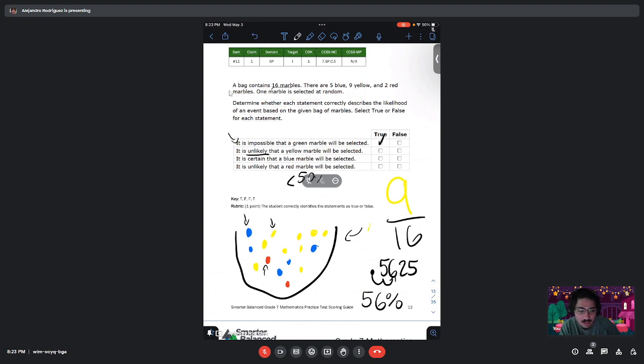So in this case, it is more than 50%. It is likely that we're going to pick a yellow marble from the bag. So we can say that this one's false.